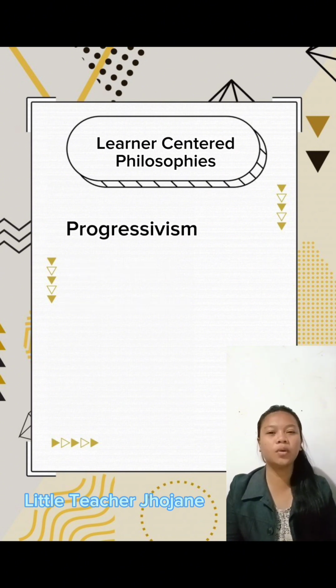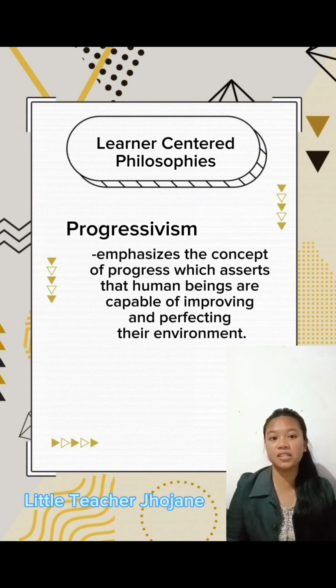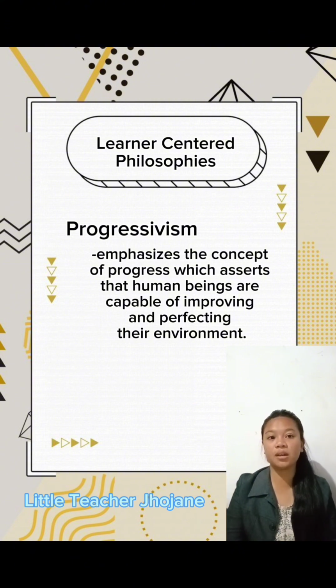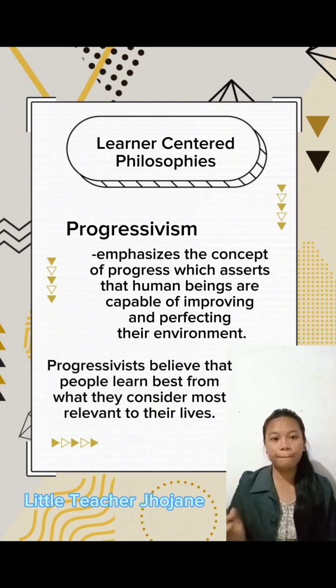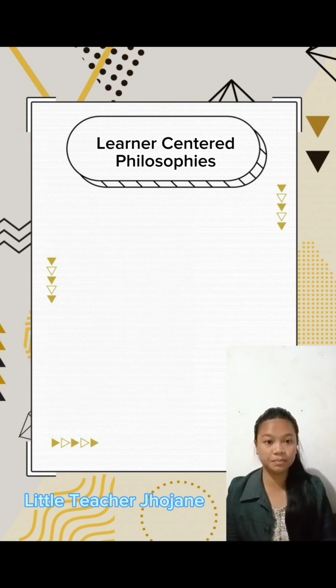What is progressivism? Progressivism emphasizes the concept of progress, which asserts that human beings are capable of improving and perfecting their environment. Progressivists believe that people learn best from what they consider most relevant to their lives.